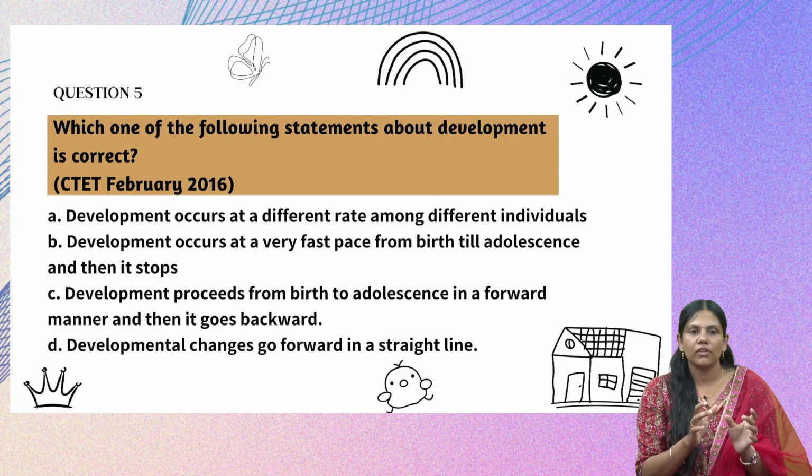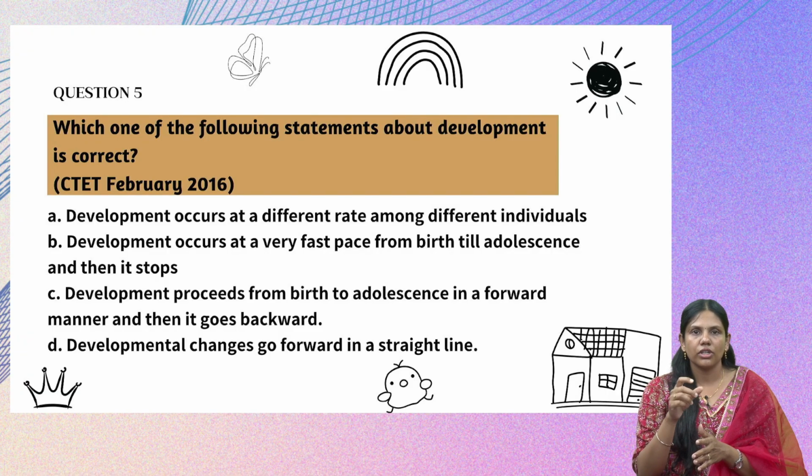The principle of development says development is continuous. Then option A. Development occurs at different rates among different individuals. This is the correct answer. The statement, if you observe, talks about the principle of individual differences. So each person will have a different rate of development. So the correct answer is development occurs at different rates among different individuals.